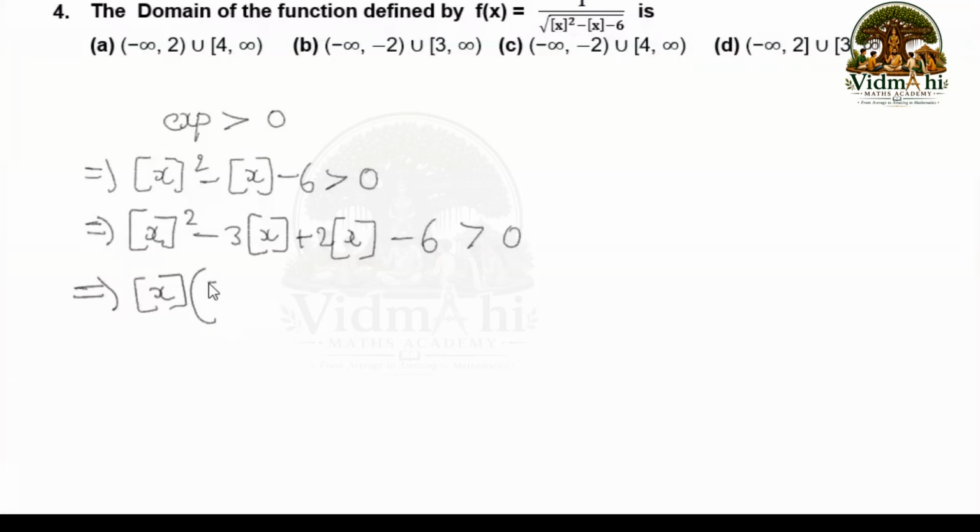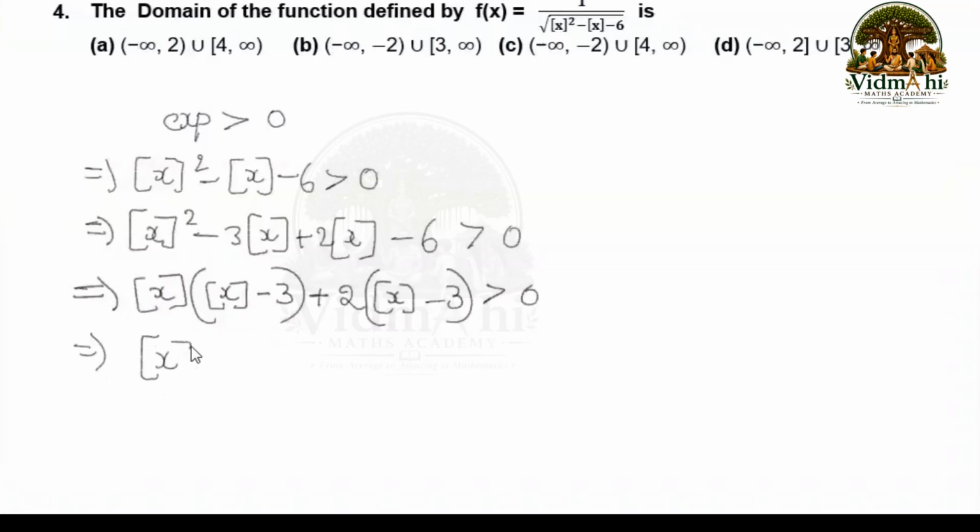Next, what are the remaining terms? Greatest integer of x minus 3 plus, in these two, 2 is common, greatest integer of x minus 3, which is greater than 0. Now, greatest integer of x minus 3 into greatest integer of x plus 2 is greater than 0.